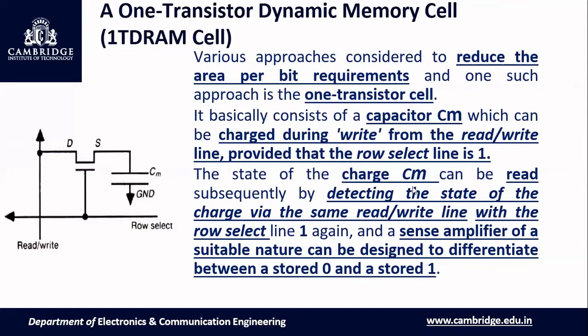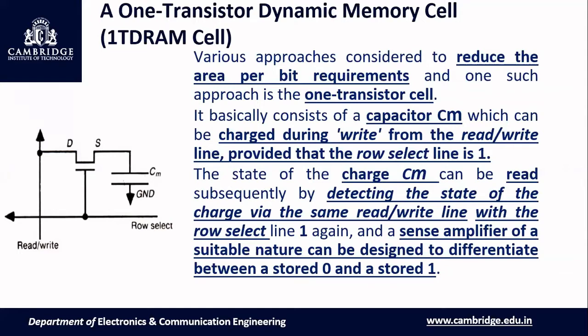The state of charge on CM can be read subsequently by detecting the state of the charge via the same read or write line with the row select line again. And a sense amplifier of suitable nature can be designed to differentiate between stored 0 and stored 1.